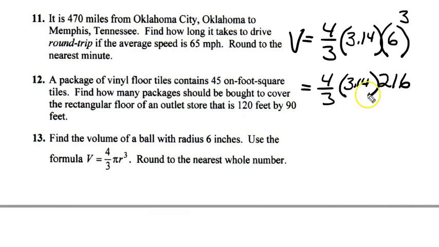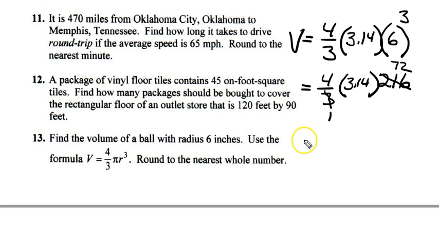Now let's see, could we take a 3 out of this? And the answer is yes, so we could. I wanted to make it simple, but 3 goes into there once. 3 goes in there 72 times. So now we just have to multiply 4 times what pi is, times 72. 4 times 3.14 times 72.